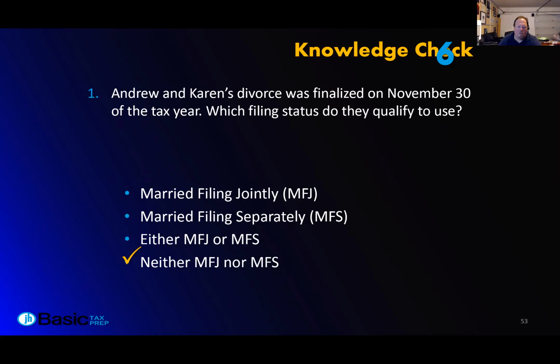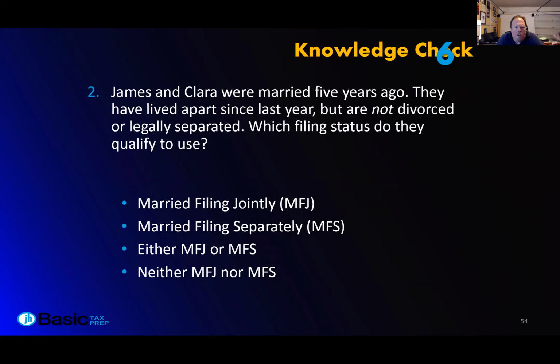The answer is neither. All right, James and Clara were married 5 years ago. They have lived apart since last year, but are not divorced or legally separated. Which do they qualify for? Married filing jointly, married filing separately, either, or neither?